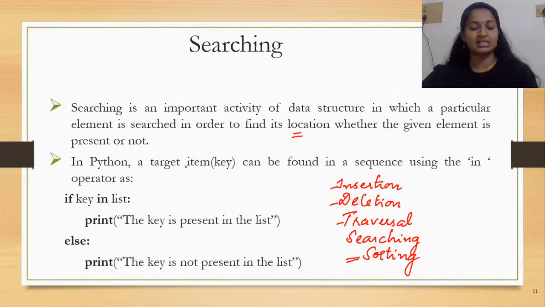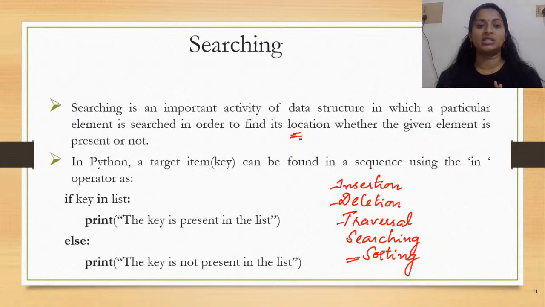This is the first thing that you get. After that, if the element is present inside the data structure, definitely you get access to the location of the element too. Is the idea clear? So searching is a technique in which you find out whether a particular element is present inside your data structure or not. If it is present, we display the exact position or location where you found the key element.